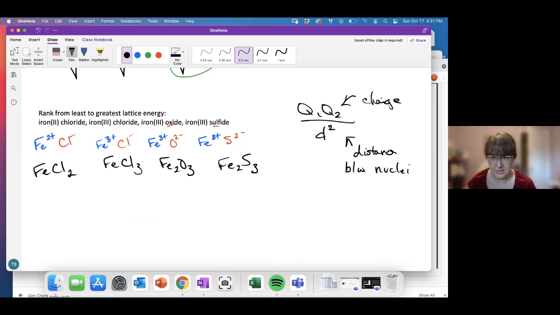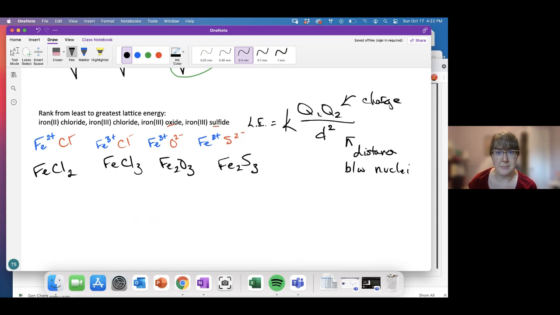The other thing I like about this formula is that the charges are on top, and technically there's a constant here, so that we can make things actually equal. So this is also essentially Coulomb's law. Lattice energy and Coulomb's law have the same formula: charges divided by something to do with distance.